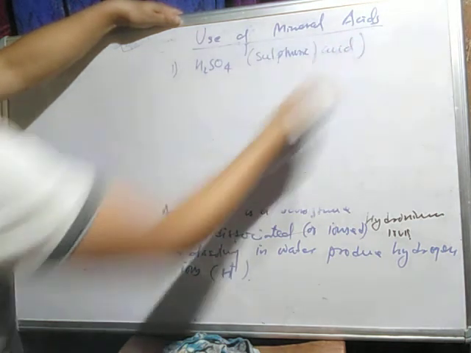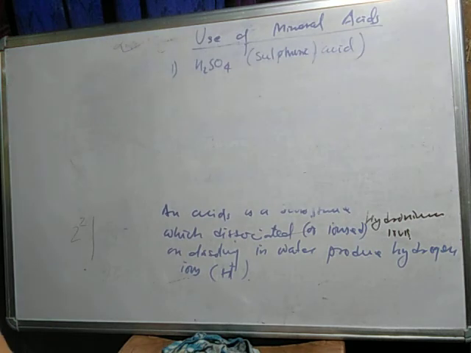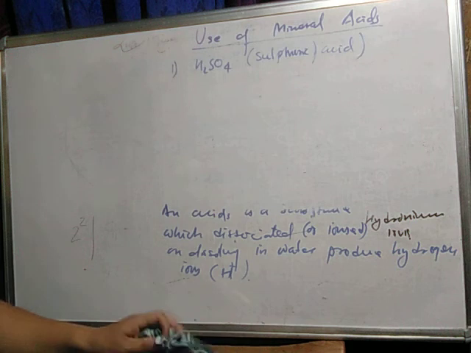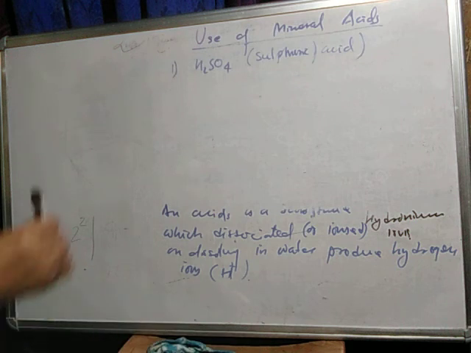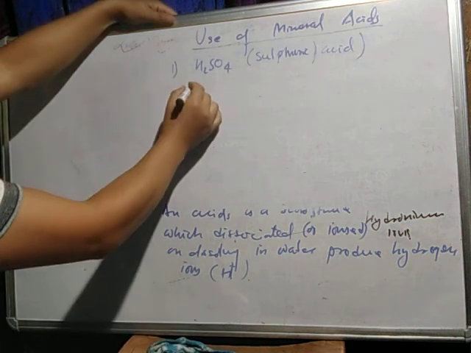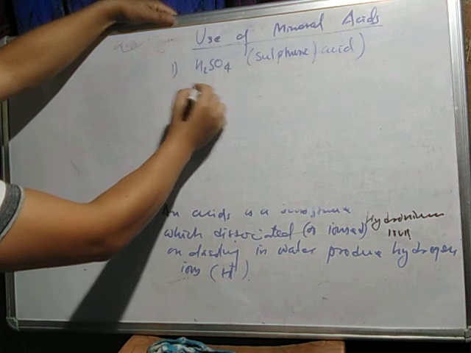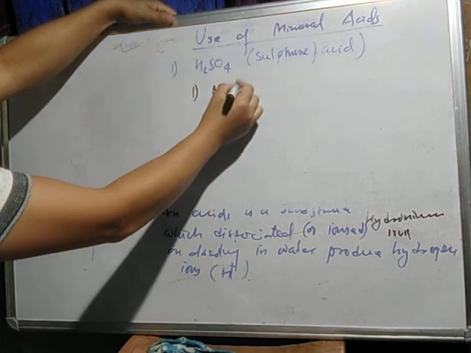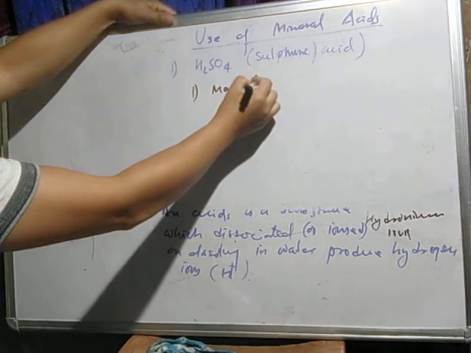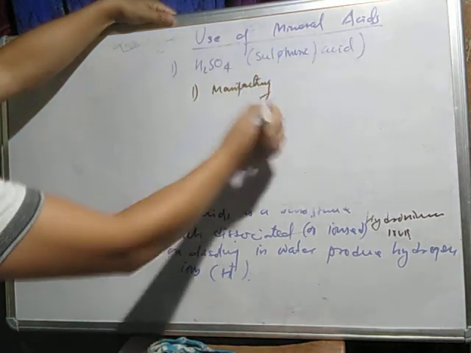So where do you use this one? So write down. It is used in the manufacture of fertilizer. So the first use of sulfuric acid is manufacturing fertilizer.